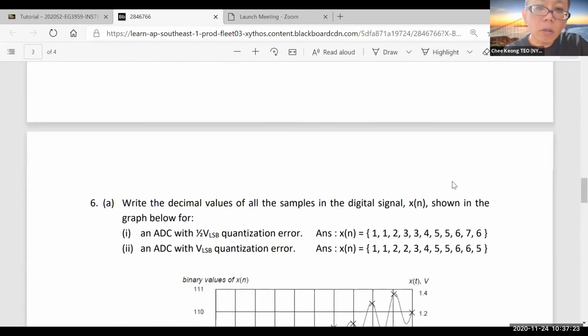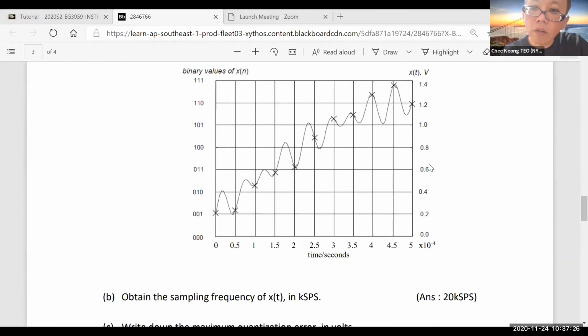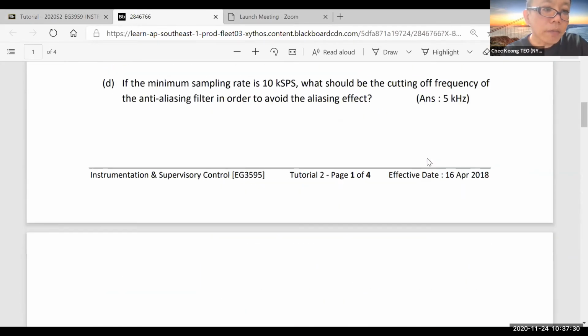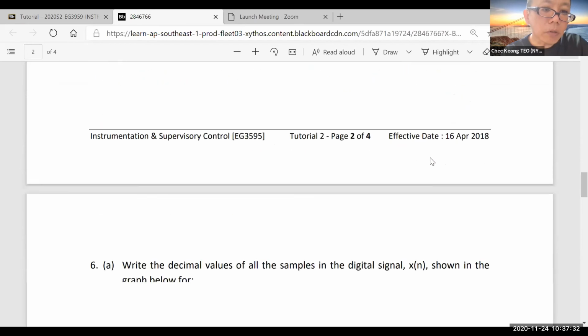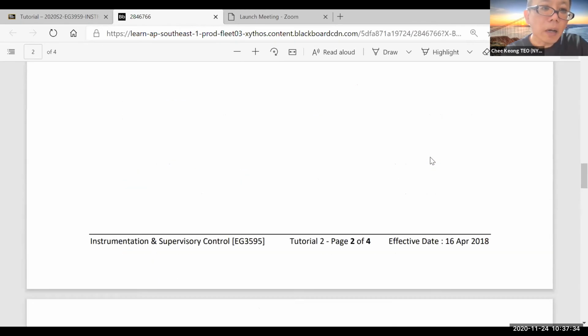Okay, the tutorial question is question what? The first question is question 5, right? Question 5. Let me see where is question 5. Now, question 5. I see.